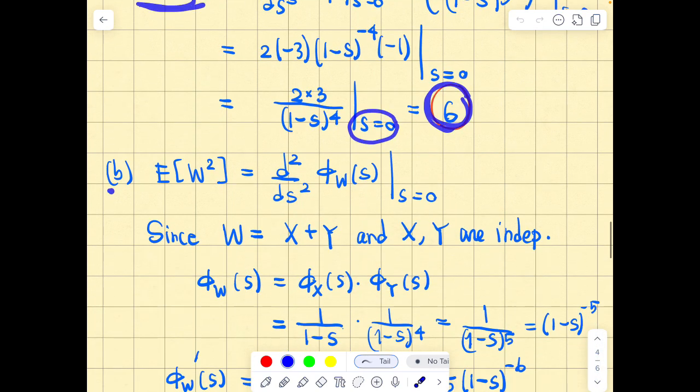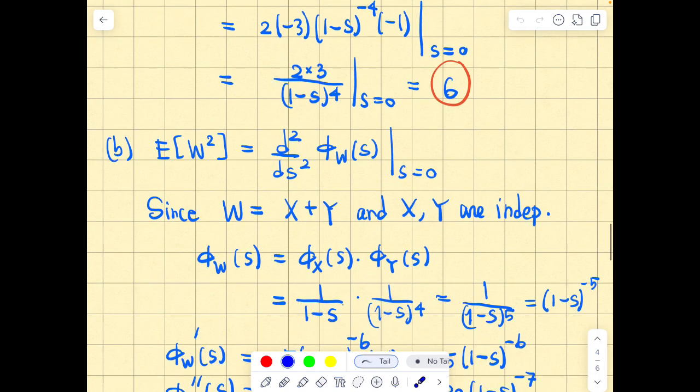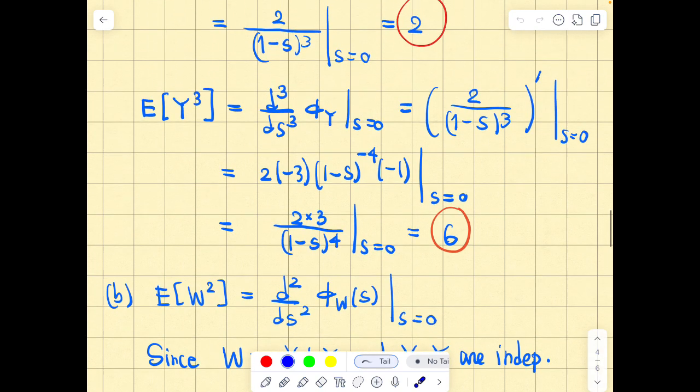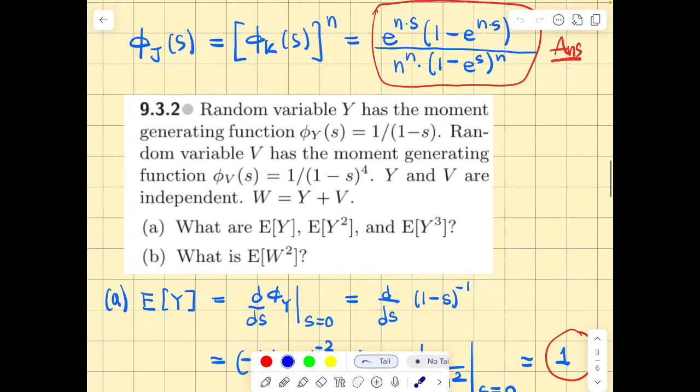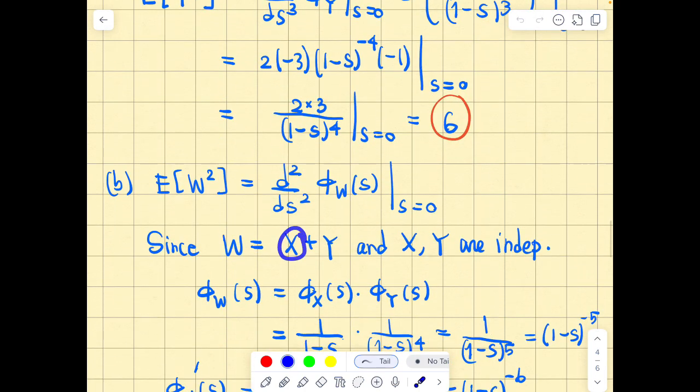Now we move on to part B. We want to find the second moment of w. That means if we know the moment generating function of w, then we differentiate twice and then plug in s equal to 0. Now remember, w is the sum of v and y.